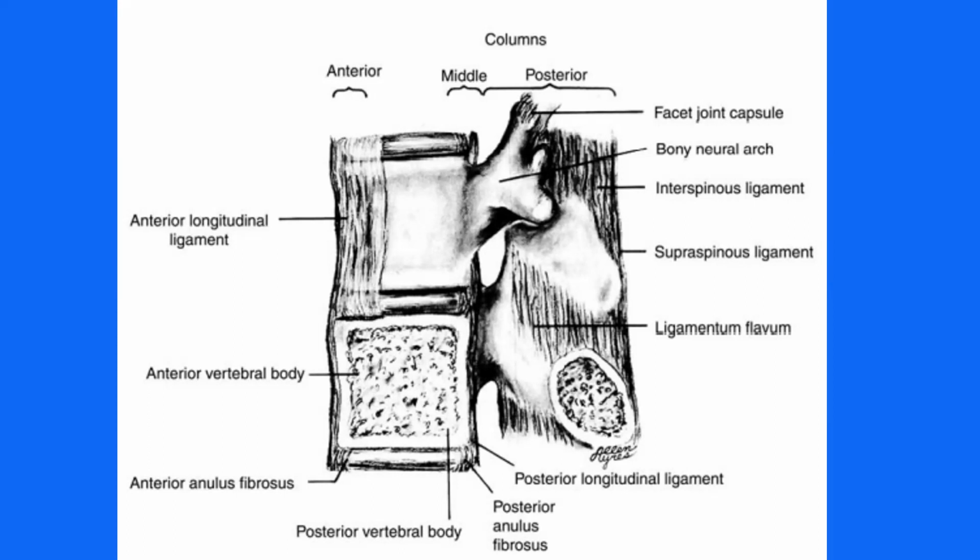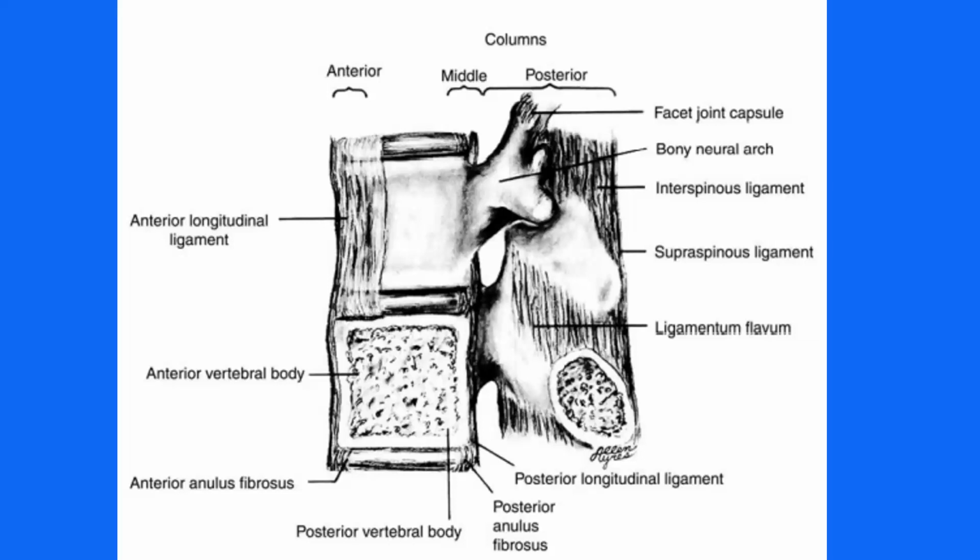From behind, you have to know about the ligamentum flavum. You have to know about the supraspinous ligament, which lies over the posterior aspect of the spinous processes. You have to know about the interspinous ligament between each of the spines. Know about the facet capsule. Never forget about the posterior longitudinal ligament, which is thicker in the center and narrower at the periphery.